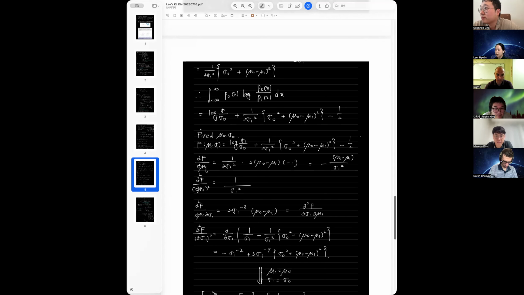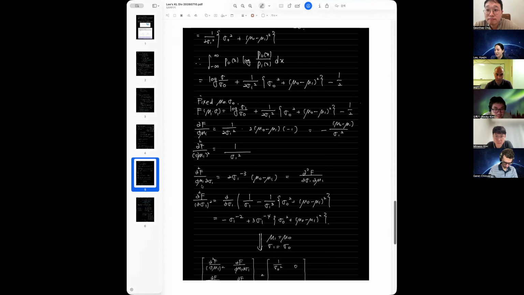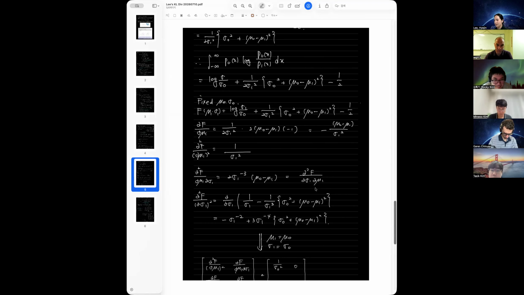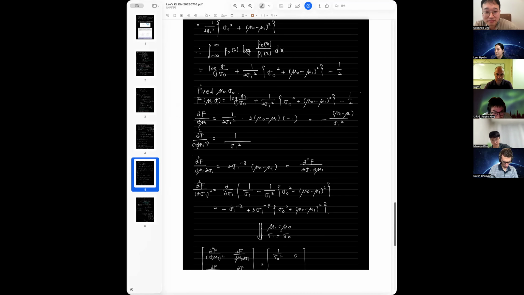So we can take the partial derivative with respect to mu 1, then the result is like this, and the second derivative with respect to mu 1 and sigma 1 we can obtain like this. As you know, this is a continuous and smooth function, so we can differentiate infinitely. And the last thing is the second partial derivative of F with respect to sigma 1, then we can obtain these terms.